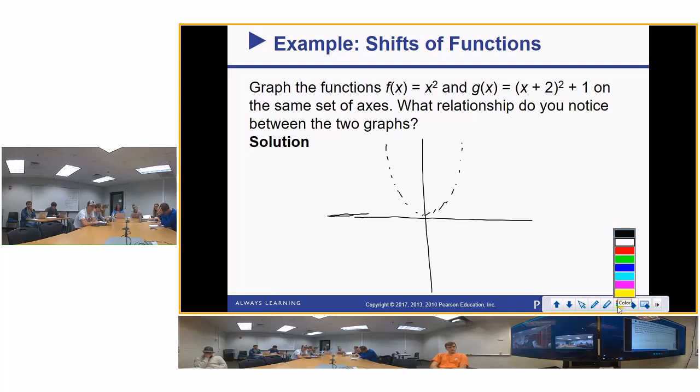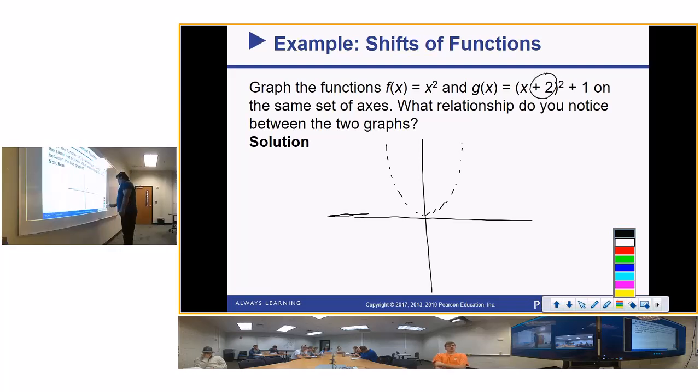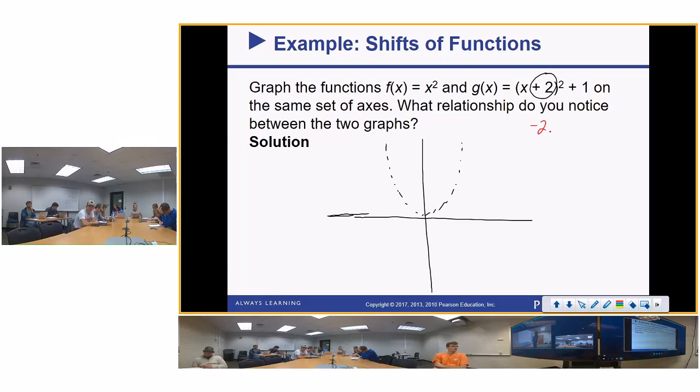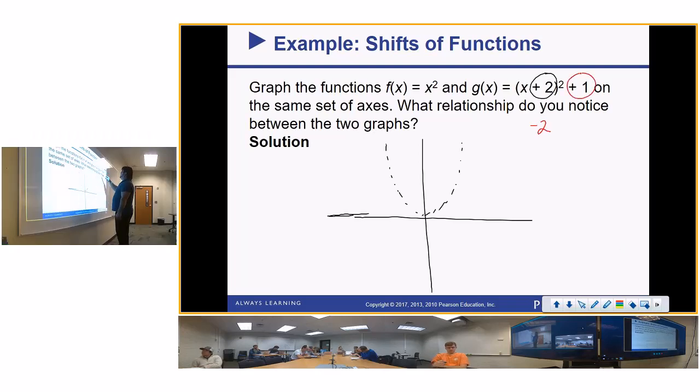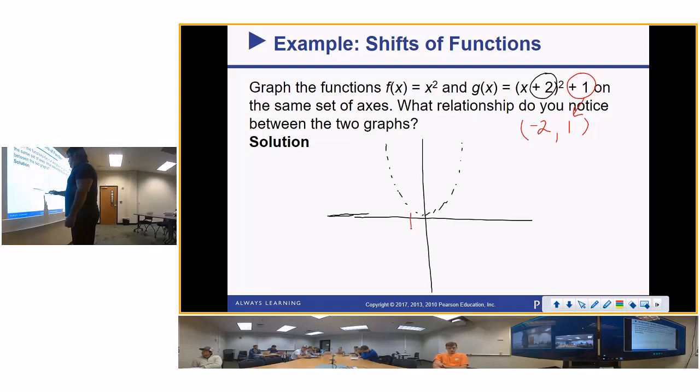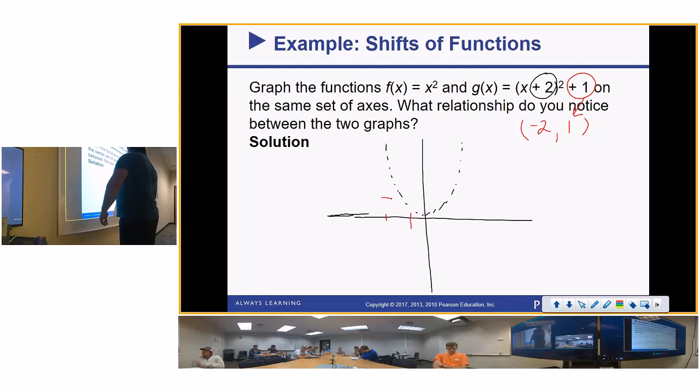So what does this mean? Shift to the left. -2. What does this mean? You just bring that down. So there's our vertex: -2 and +1.